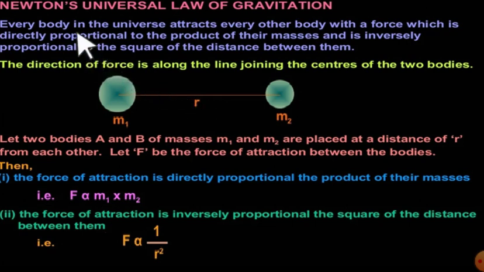Now, this Newton's universal law of gravitation, why is it called universal? Because it is applicable to any object placed in the universe, whether it is on top of a hill, in space, or inside a deep sea.